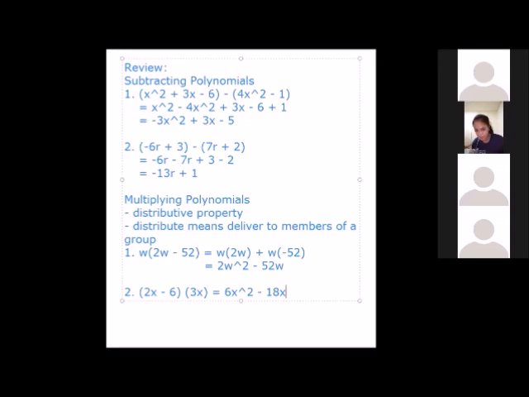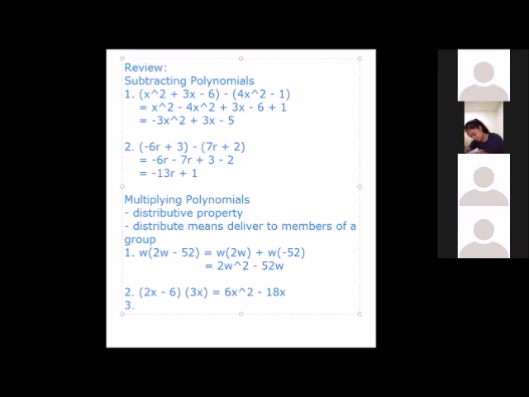Very good. And Han, can you share us the reason why it will give us the same product? Because 2x and negative 6 are still in the parentheses and the 3x is outside. Yes. So it is distributed. You got a point. Thank you, Han.